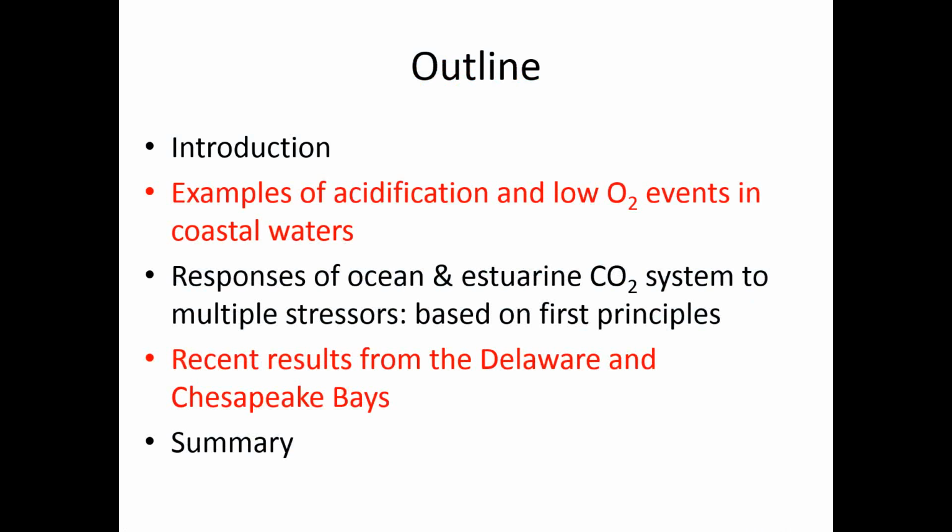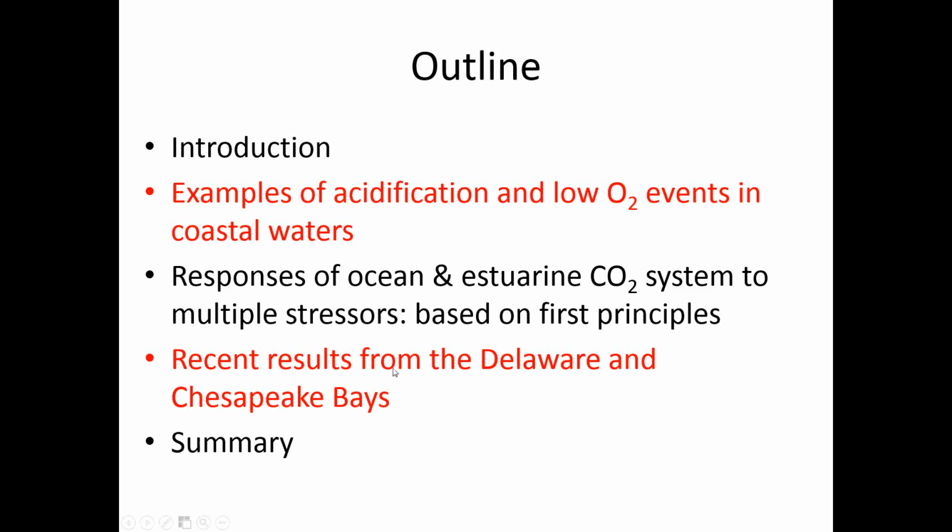All right, today I will first, after a brief introduction, present a few examples of coastal ocean acidification and low oxygen events. Then I will discuss, based on first principles, what should be the responses of the ocean and estuarine CO2 system, what we should expect to see.